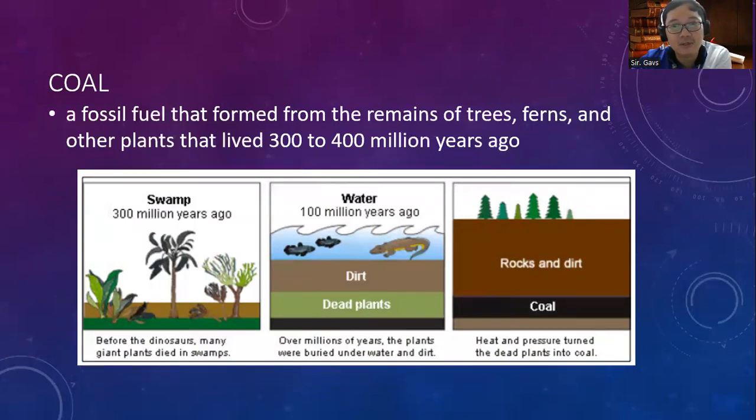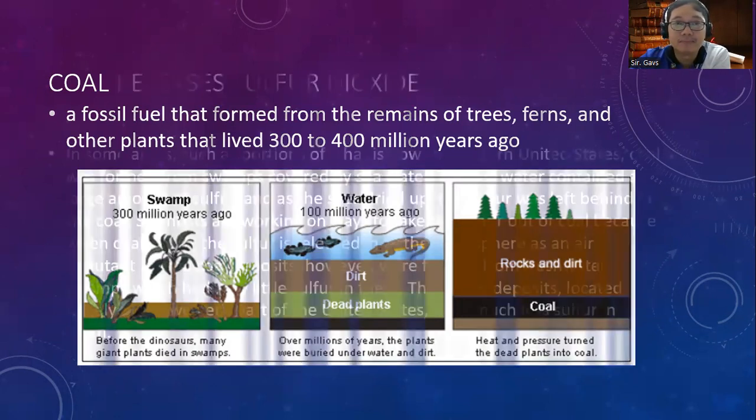Dead plants become overburdened by dirt and other soil and turn into coal after 100 million years due to heat and pressure. So the factors for turning dead plants into coal are heat and pressure. Take note of that.